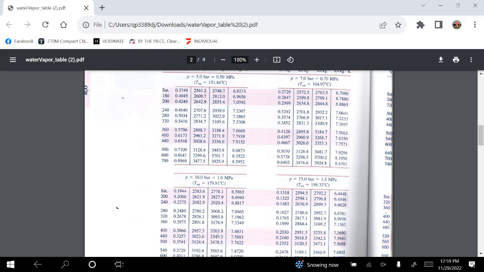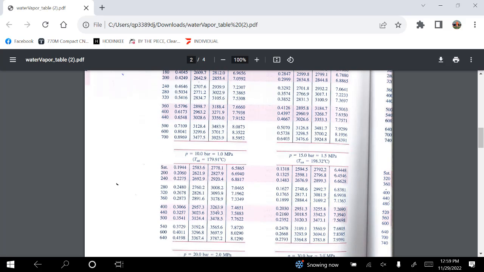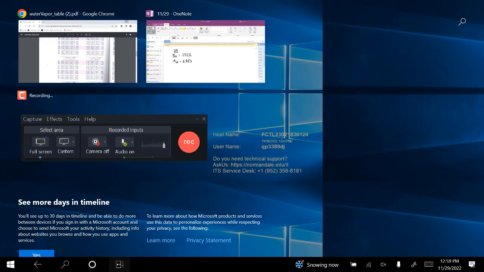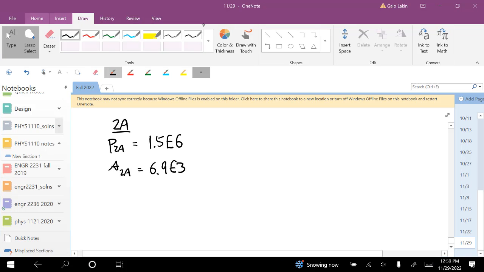So we're looking for a place where we have a pressure of 1.5 megapascals and an entropy of 6.9. So that is, let's call it this one, 6.84. So look up the enthalpy there, and the enthalpy is 2992.7 times 10 to the third.